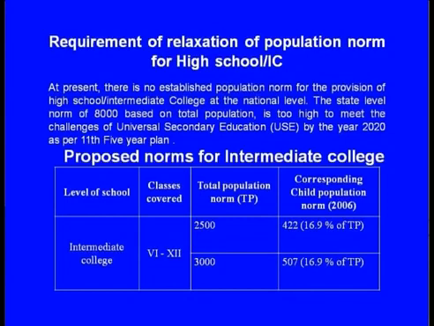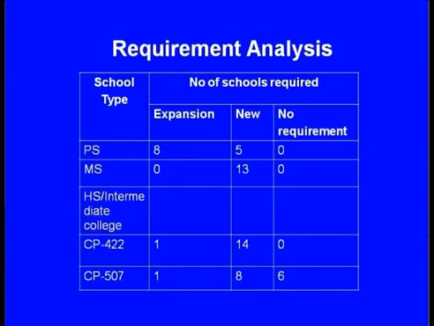Using the child population, we identify that at present there are 10, and we need 14 more for a child population of 422. Different child population factors have been worked out, and for an optimal value of 507, we require about 26 schools, of which 10 are present, so 16 schools in the region have to be developed.